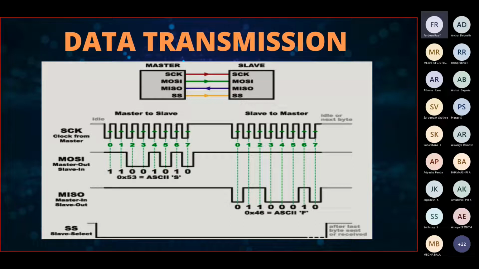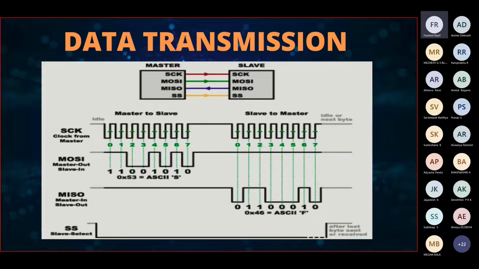So it's not compulsory that the data must change at a particular positive edge. This is one thing which I missed out earlier. Sorry. So whenever the serial clock has a positive edge, the data gets transmitted.